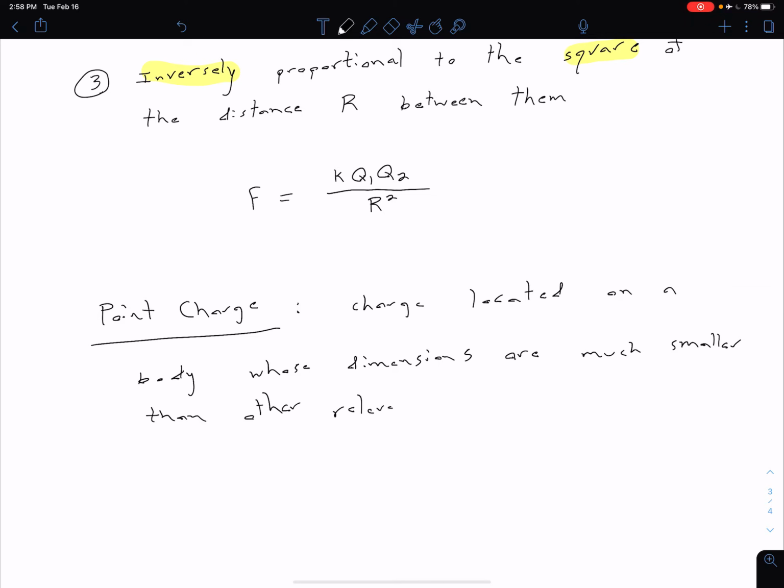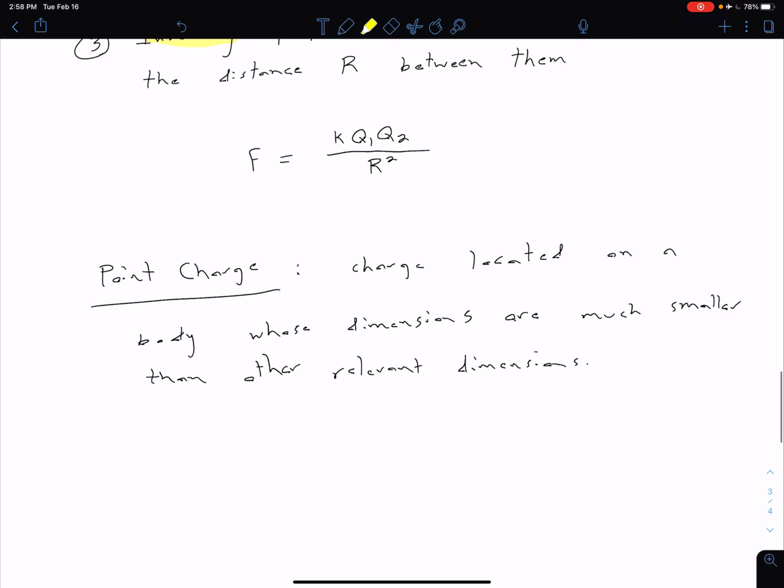For instance, a relevant dimension would be the distance between the two charged particles. So if the body where the charge resides is really small compared to the distance between that body and another body, we can essentially assume it's a point and it doesn't take up any space.